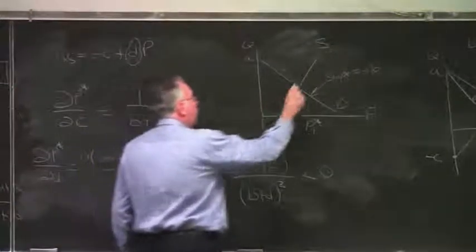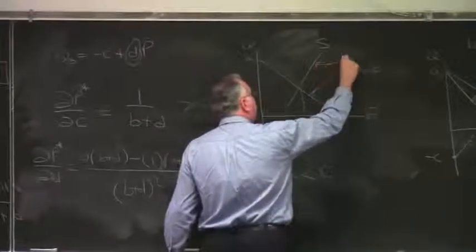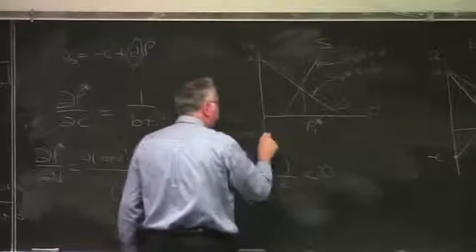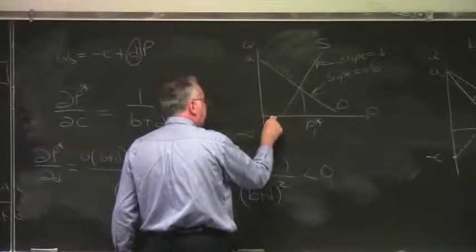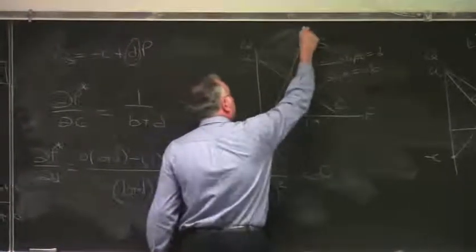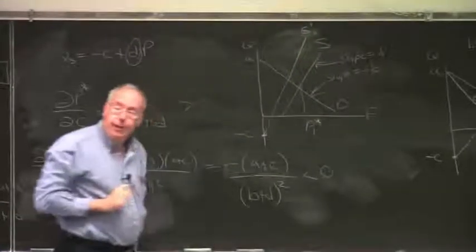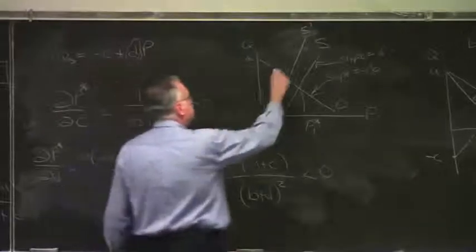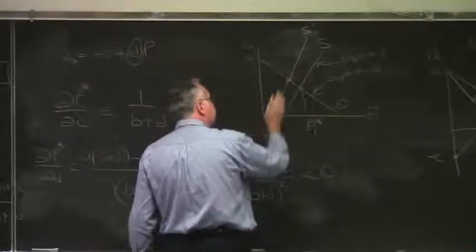The slope is D. So as D gets bigger, what happens is the supply curve becomes steeper. It goes from S to S prime as D goes from D to D prime. A bigger slope means this is steeper.